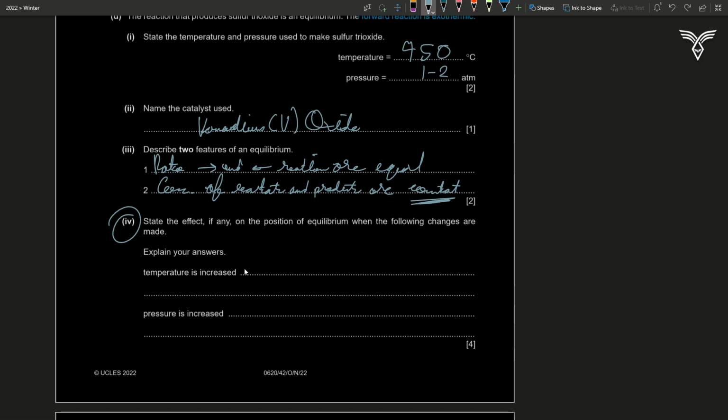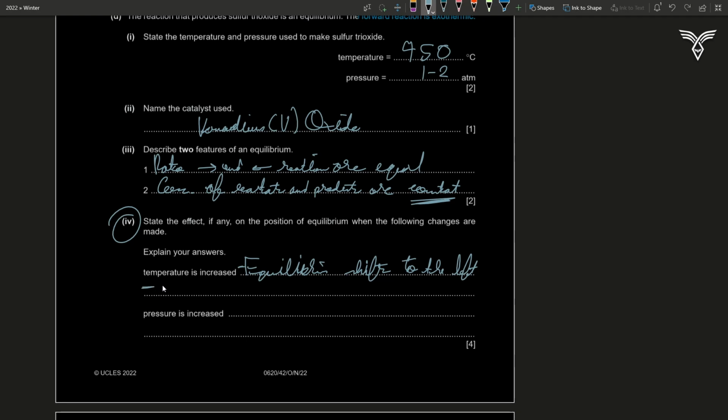Temperature. If the temperature is increased then the equilibrium shifts to the left أو backwards. This is the first point لأنك عندك 4 marks ف 2 points here و 2 points here.